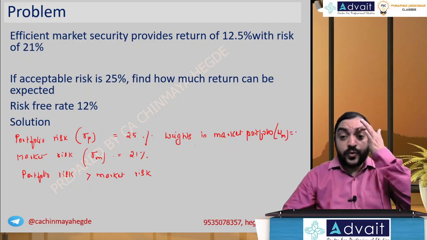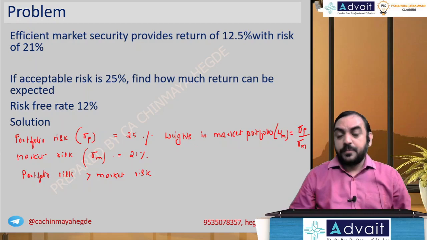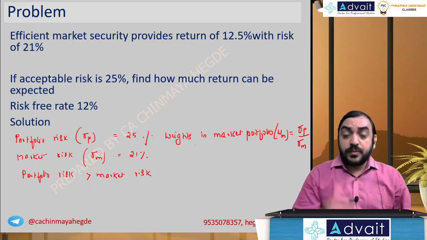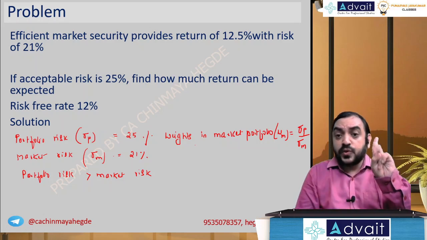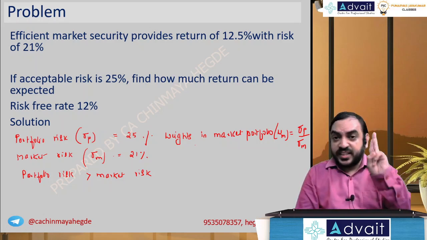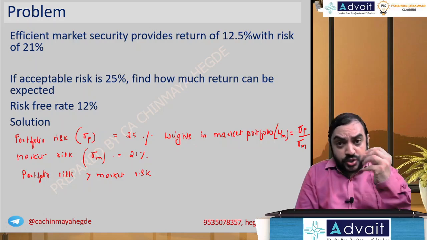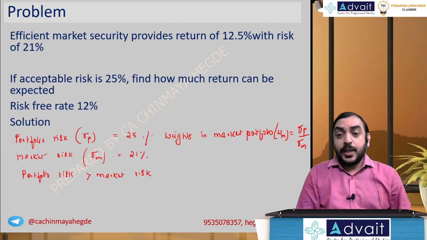Weight in the market portfolio is sigma p by sigma m. It is proportional. The amount of investment you are making in two securities, one is the market portfolio security, another is the risk-free security. And how much you invest is proportional to the risk taken. That's what the capital market line says. It is proportional to the risk taken.